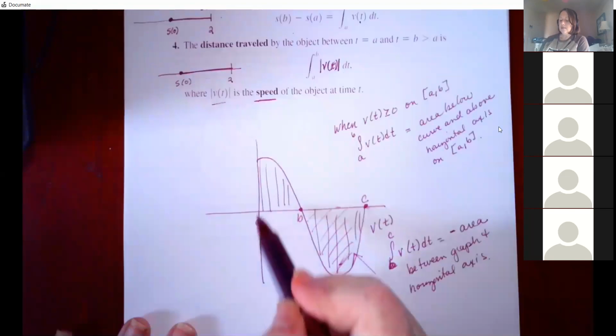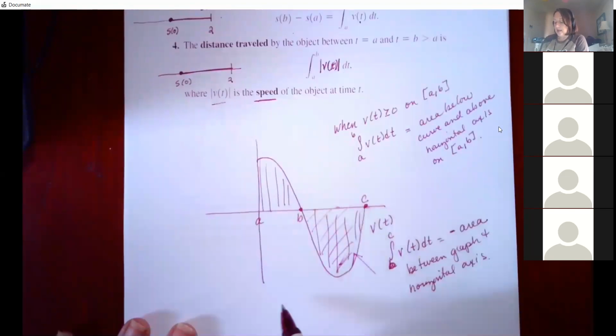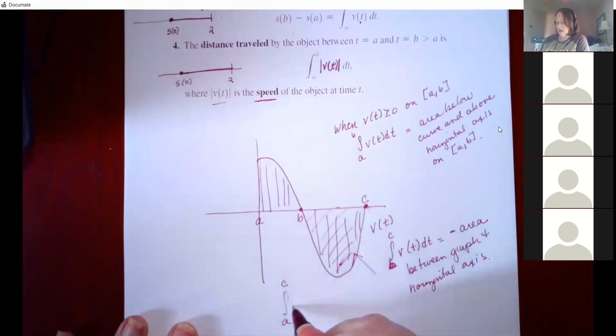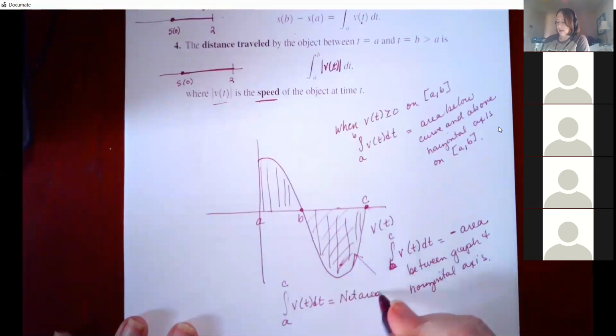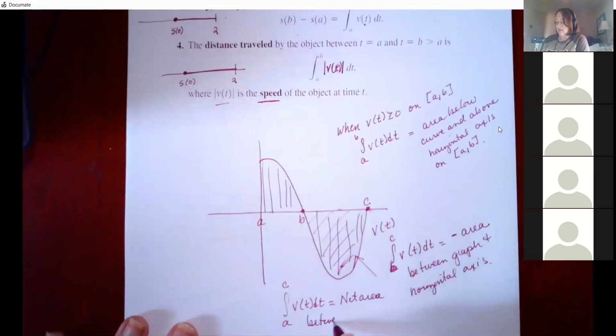In the most general sense, when we integrate just from A to C of v of t dt, we get what we call the net area between the function and the horizontal axis.